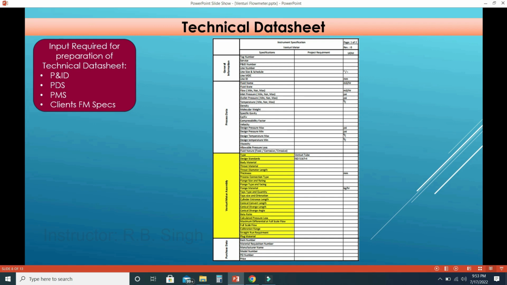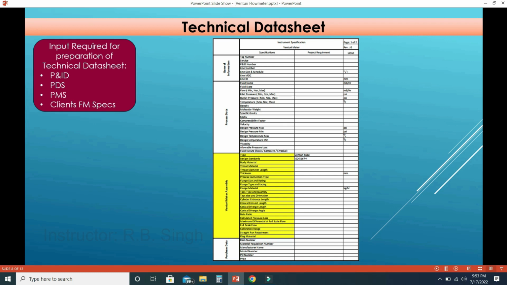Everything we can fill, like the type and design standard, as we know, ISO 5167. Body material we have to follow the PMS. Then we can get the body material. Throat material also we can get. Throat diameter and length we will get from vendor documents, whenever vendor document and calculation are received. So this data will be filled from that document.